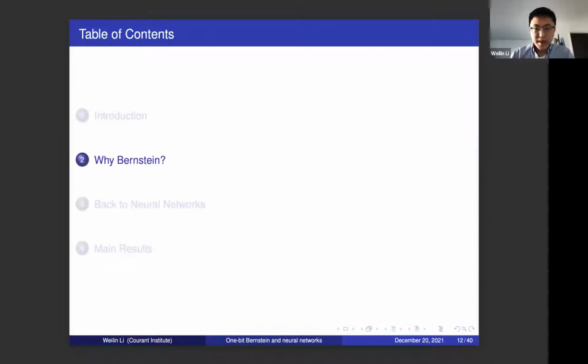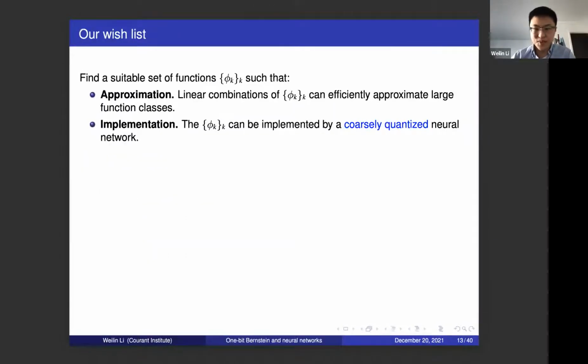It turns out that Bernstein polynomials will be one of our main tools, and let me explain how we ended up looking at Bernstein. It's not obvious, of course. So here's our wish list for what we want to do. Again, if we want to follow the same type of strategy, we want to find a set of phi that satisfies a few nice properties.